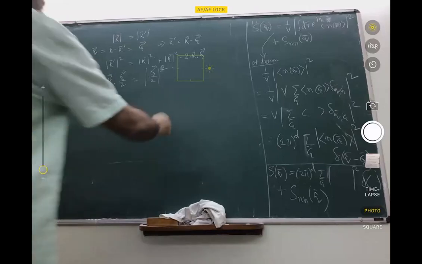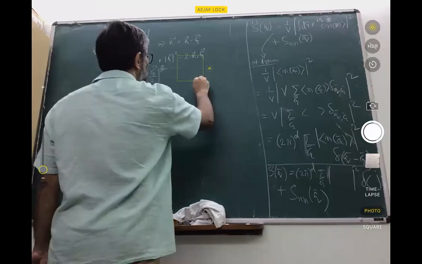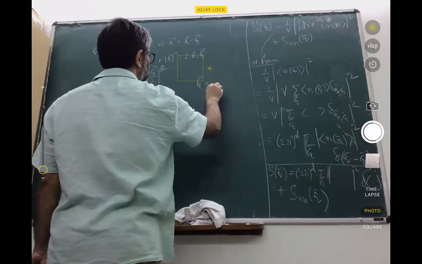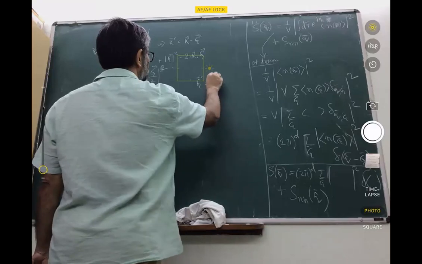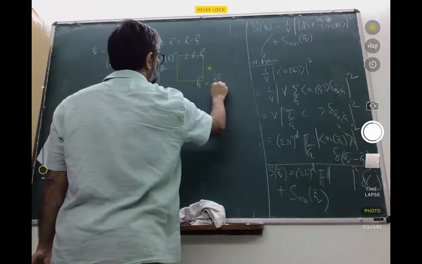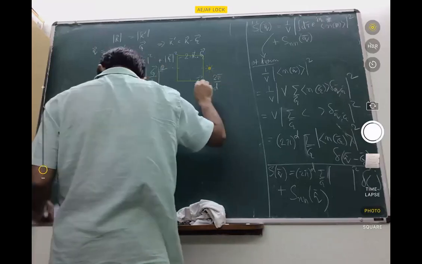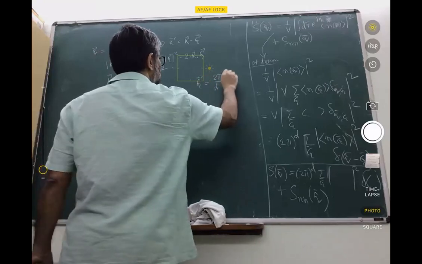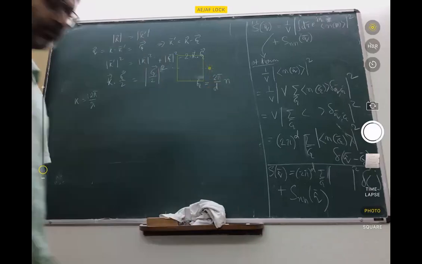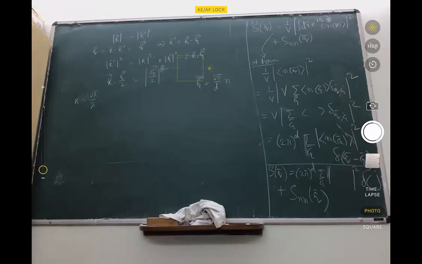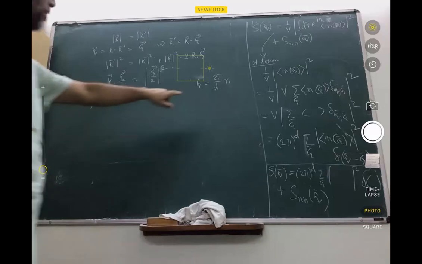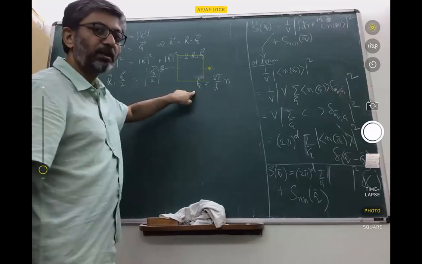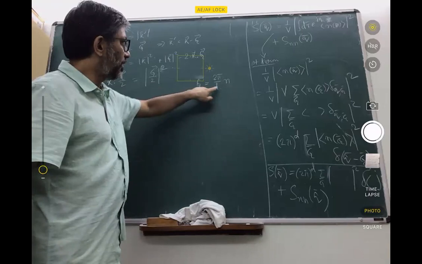So the mod of G would be twice pi over D, where D is the separation between lattice planes that are perpendicular to G, and N is some integer.